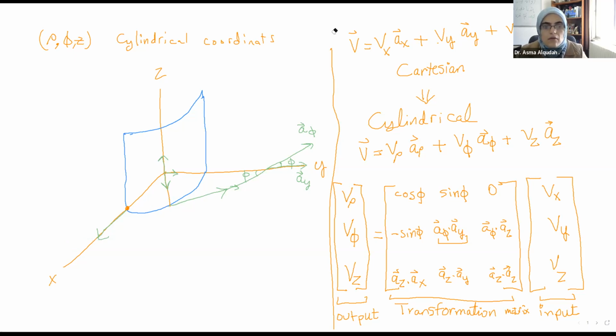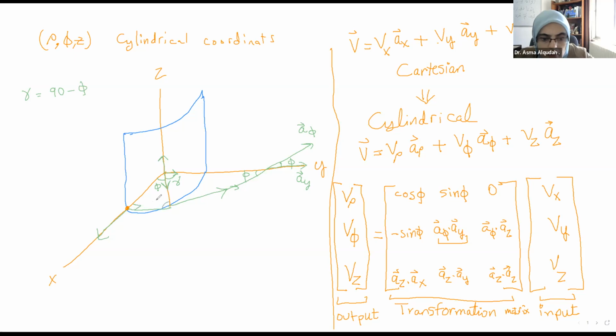Right. So here this angle is phi, and this angle is gamma. Gamma equals 90 minus phi. And this is y, and this is a 90 degrees angle.